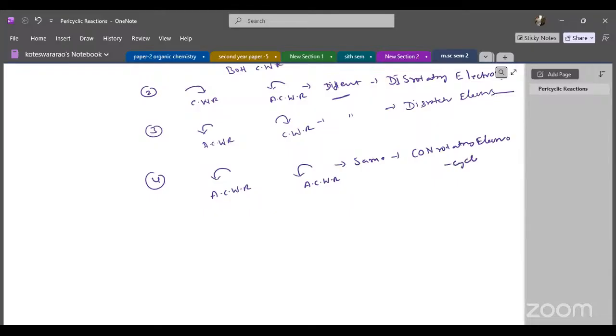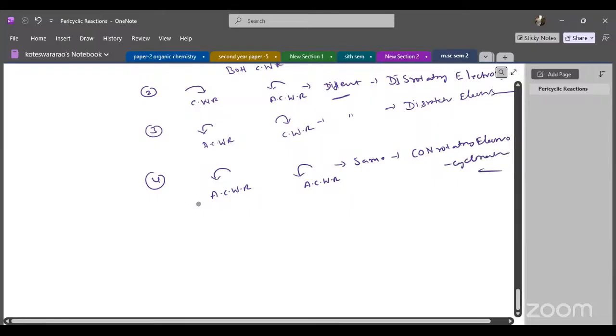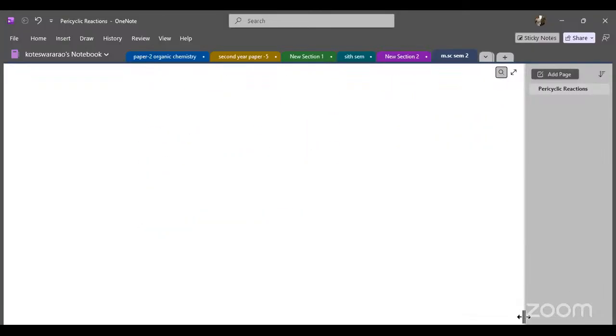Therefore, based on this observation, pericyclic reactions, electrocyclization reactions, are showing two stereochemical modes.